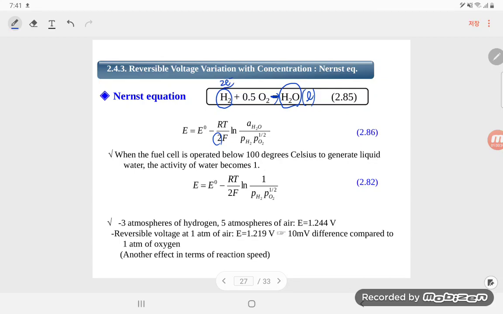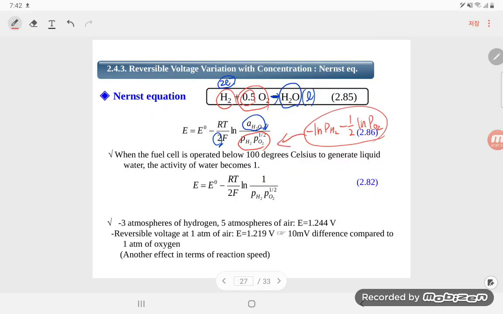Then 2 electrons are generated, so n equals 2. And this is the product part, right? So the activity of the water product. And this part is for the reactants. This comes from minus ln pH2, minus, because this is a half, 1/2 ln pO2. So this one is expressed like this.